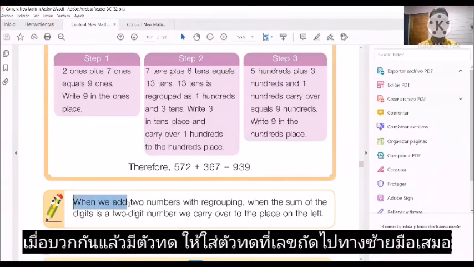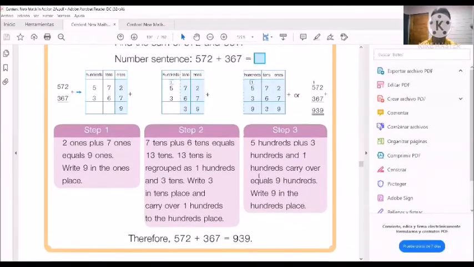When we add two numbers with regrouping, when the sum of the digits is a two-digit number, we carry over to the place on the left. Here we have a two-digit number, for example, 13, because it has 1 and 3 digits, you see? So one digit stays in the same place and one digit we carry over to the place on the left. In this case it is hundreds place.